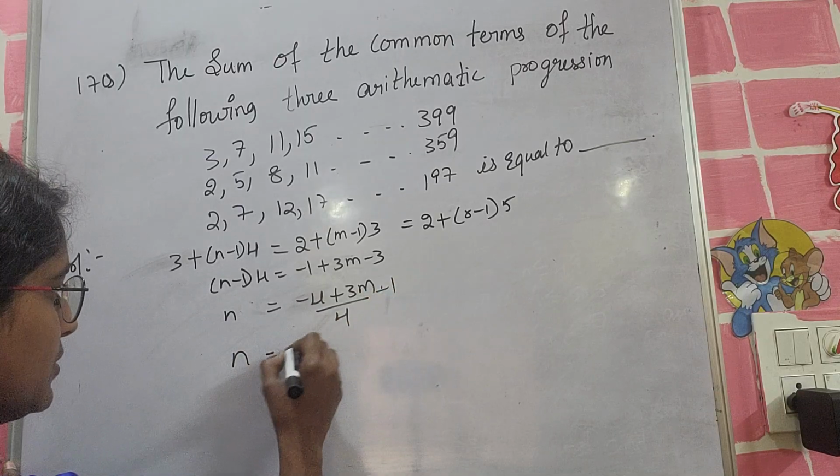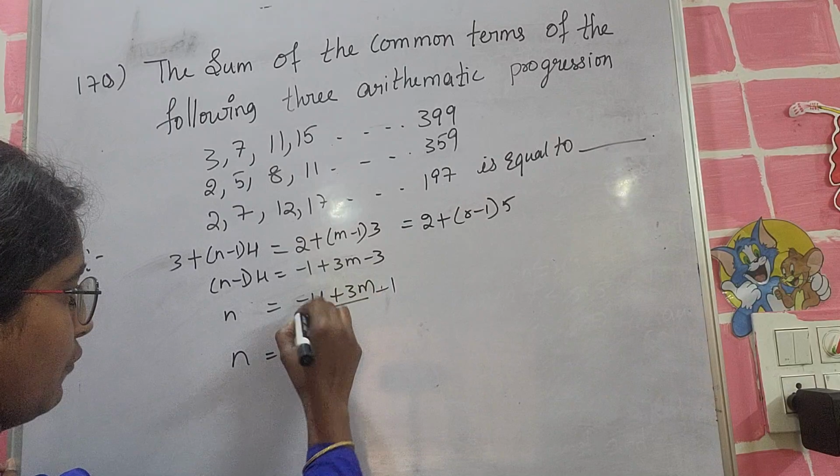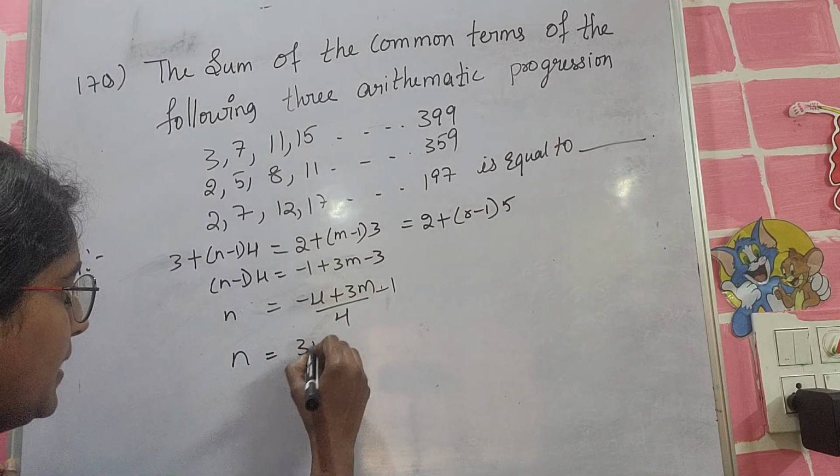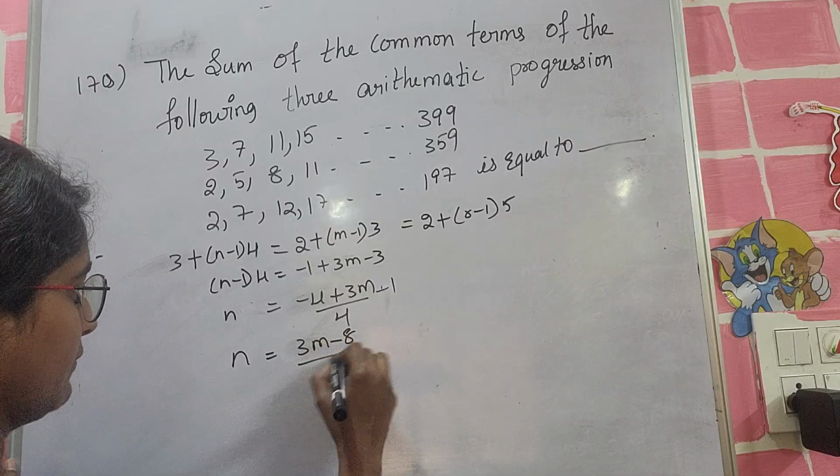So n equals 3m minus 4 minus 4, which is minus 8. So here it is n equals 3m minus 8 by 4.